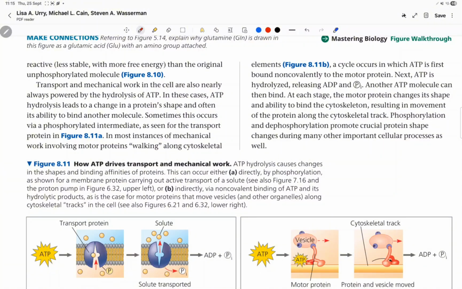What's an example of a process that occurs in your cells that requires ATP? Active transport. Active transport, which we covered back in Unit 2, is responsible for moving something from low concentration to high concentration while using ATP to do so.